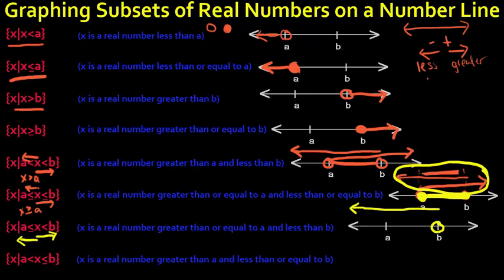So we have a is less than or equal to x. But remember, we need to flip that so we can find the value for x. So the opposite of that is x is greater than or equal to a. So we found a. Greater than or equal to means fill in the circle completely. So greater than or equal to, including a, the circle is filled in.